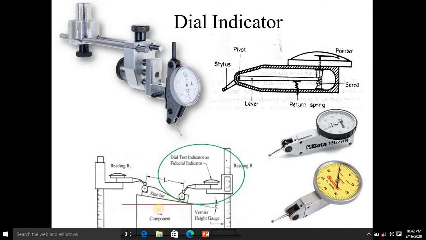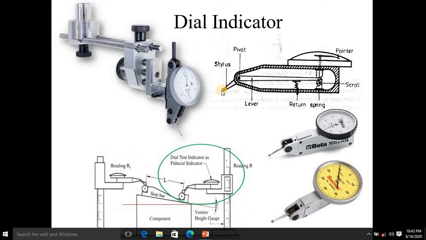Here, the height gauge in combination with the dial gauge is used to find out the deviation, that is distance h, this particular distance h, or over here this distance h. So readings R1 and R2 are taken using this dial test indicator as a free indicator in this case, and the difference of height is calculated to find the unknown angle theta. So this is one of the uses of the dial gauge.